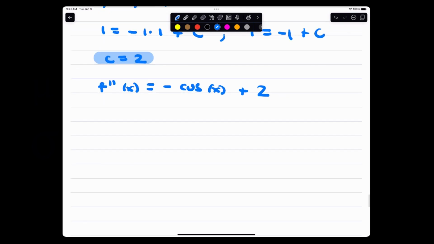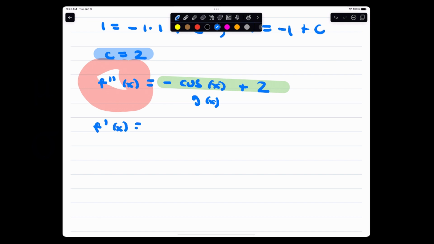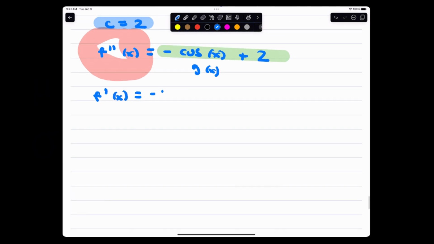Now, how do you guys think you're going to get the first derivative here? Right? Use the antiderivative. This becomes your new g. Okay, the new g. So f prime of x, keep that negative 1 constant and just find the antiderivative of cosine.